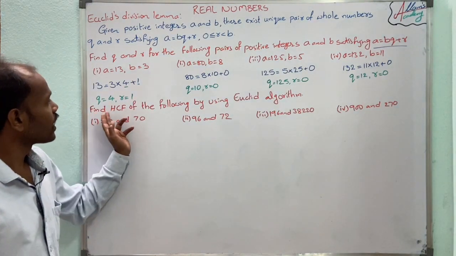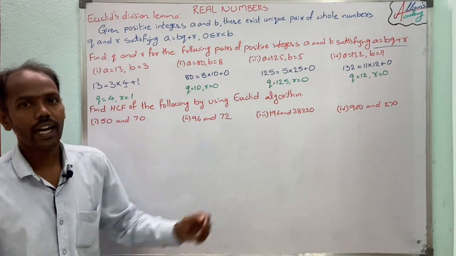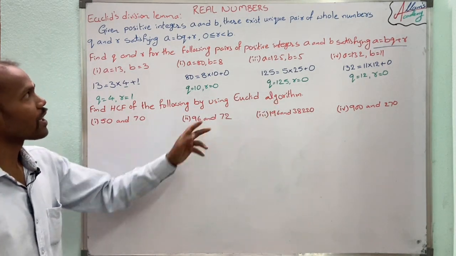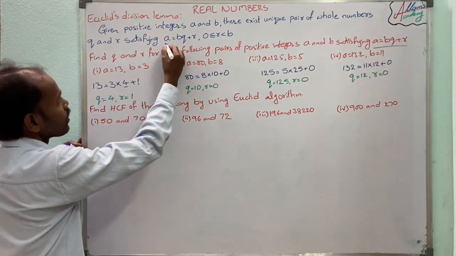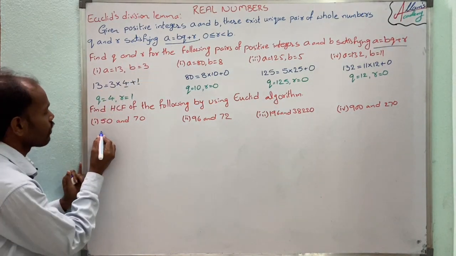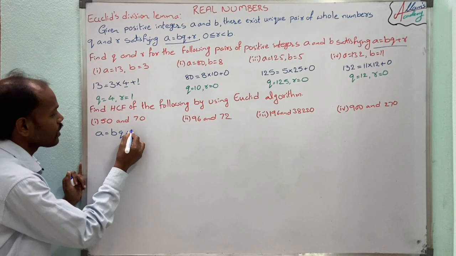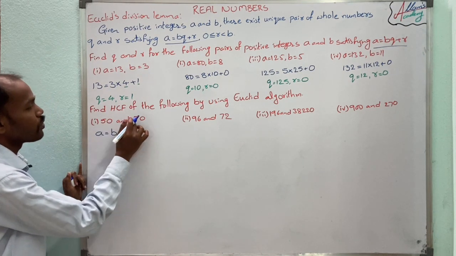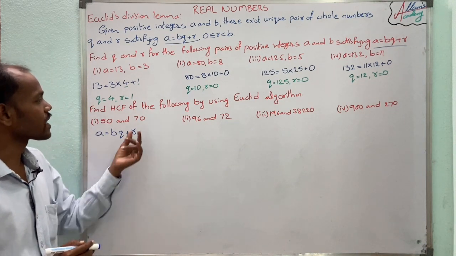Find the HCF of the following by using Euclid's algorithm. Euclid's algorithm we already studied, that is a equals bq plus r. So by using that principle we solve it. Now in the given two numbers, 50 and 70, which is the highest number?